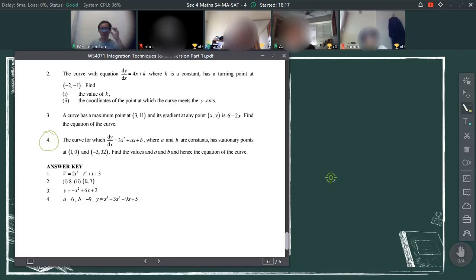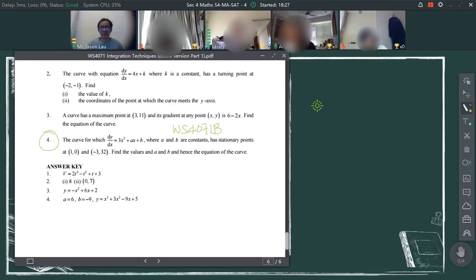Okay, this question 4071b. So this question, what topic is it from? You can see that the curve for which dy/dx is this has stationary points (1, 0) and (-3, 32).